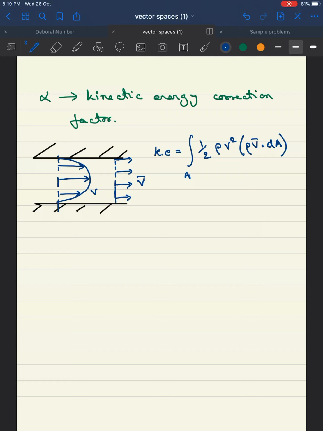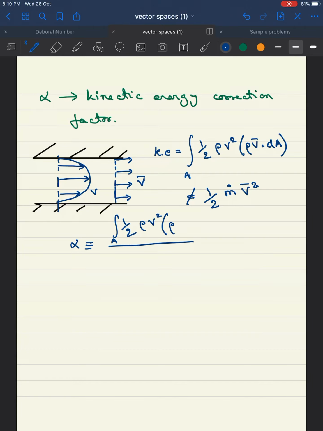But this is not equal to half m dot times the average velocity squared. So alpha accounts for that, and basically if you have to define it, it is the same as half, so I'll just put this equation that we have written before.